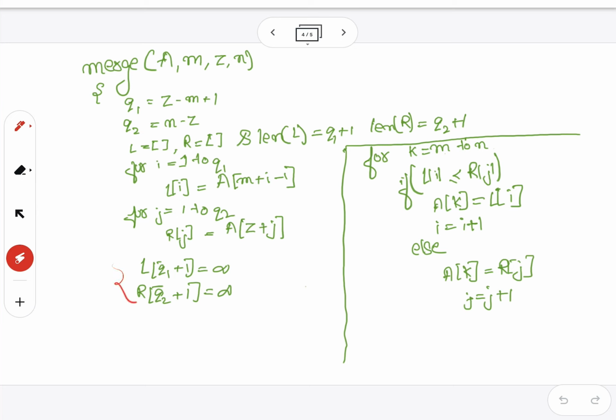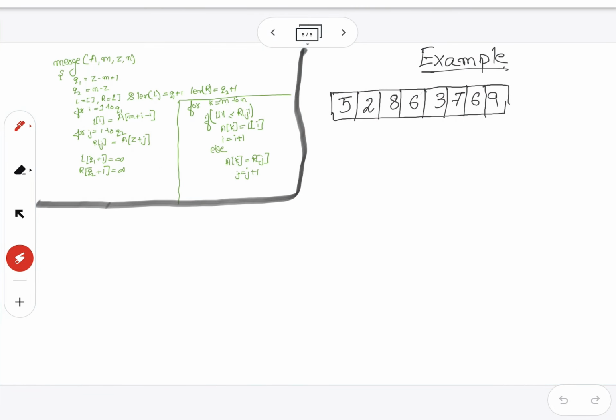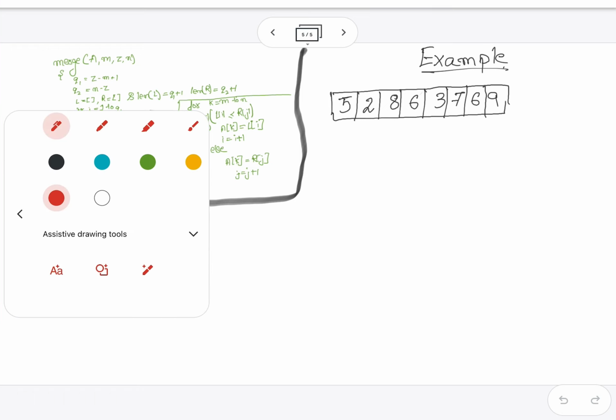Then at the end it places an infinity number, and then it performs some further functions. So rather than going line by line through this particular algorithm, let's learn it from an example point of view, how it looks. Okay. So this is the algorithm of merge that we are talking about. Let's talk with an example how this could happen. So before I do one thing.